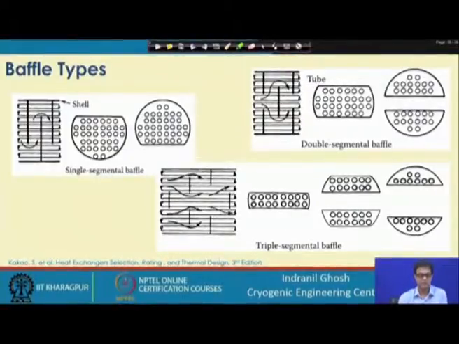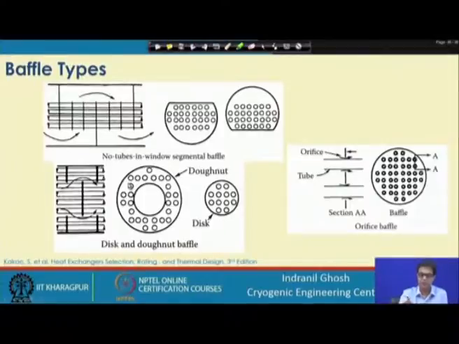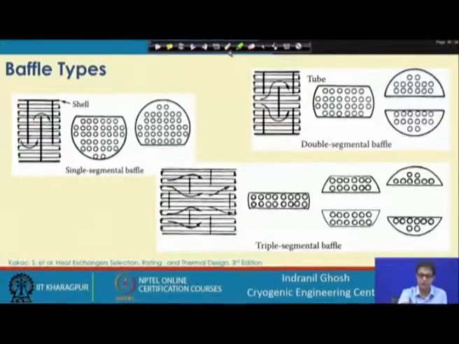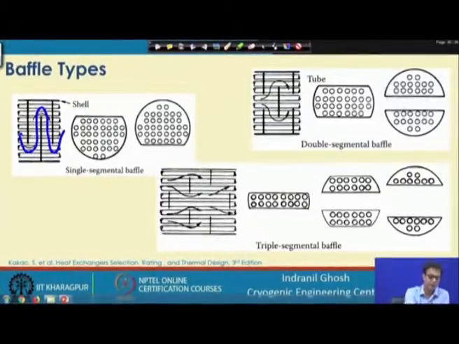That means if a long tube is there and there is no support for it, there is a possibility that the tube will sag at the middle or at different points. So, that gives some kind of mechanical support, and not only that, it also diverts the fluid from one end to the other, and thereby enhances the heat transfer coefficient, but at the cost, of course, of pressure drop.